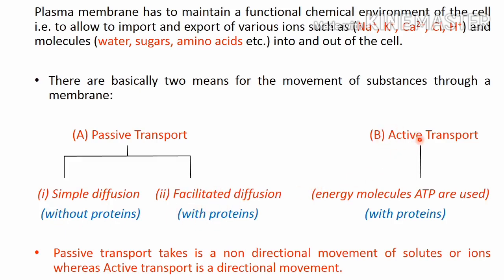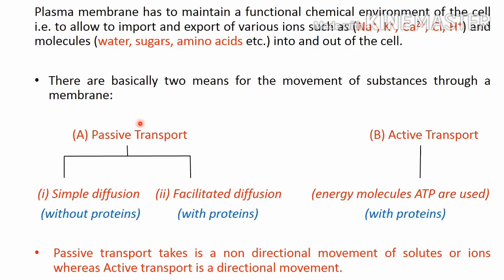In active transport, the ions and molecules are transported by utilizing the energy of ATP molecules with the help of certain proteins. And here passive transport is a non-directional movement of solutes or ions, whereas active transport is a directional movement.